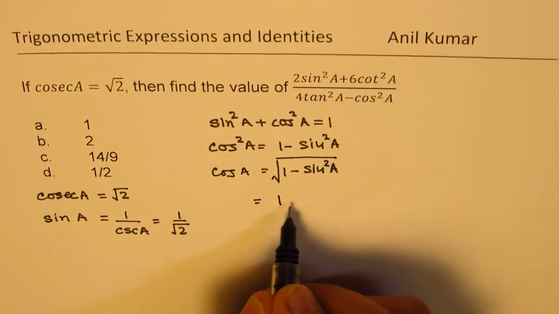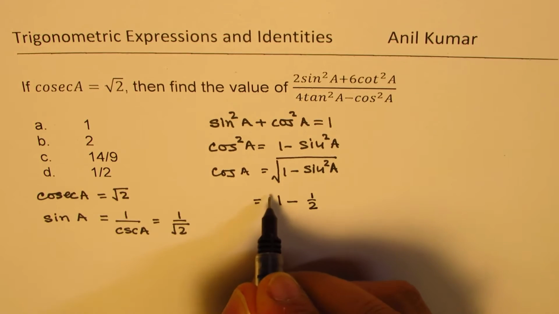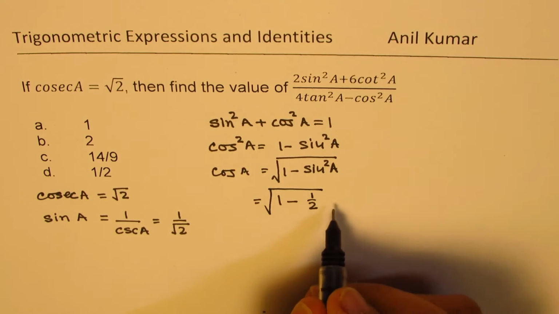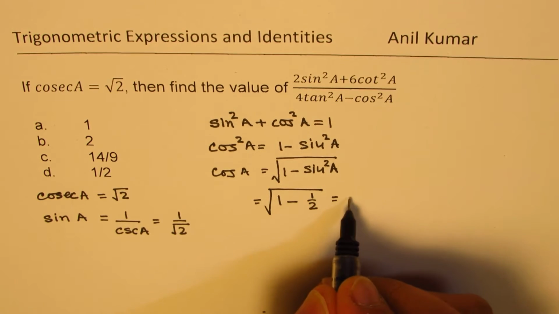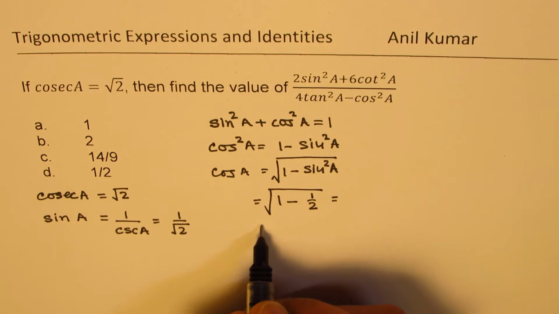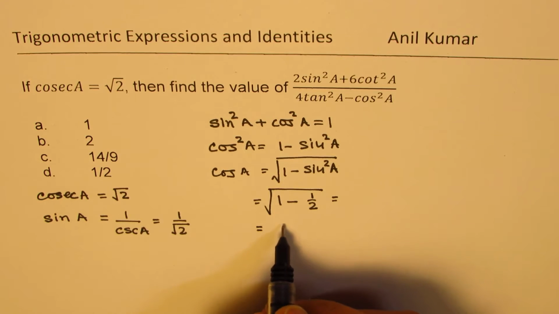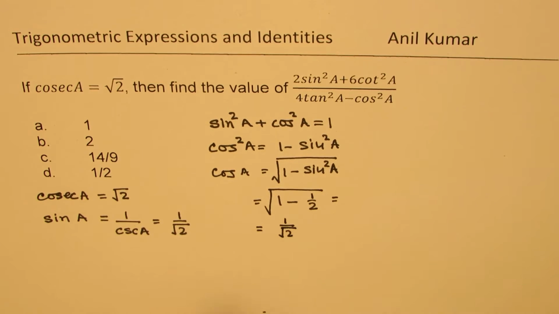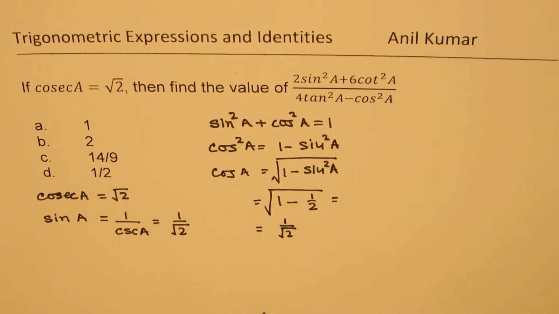Which is 1 minus the square of 1 over square root 2, which is half, under the square root. So that gives you 2 minus 1, which is 1. So we get 1 over square root 2. So cos A is also 1 over square root 2.